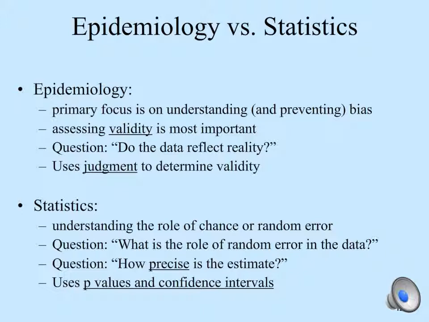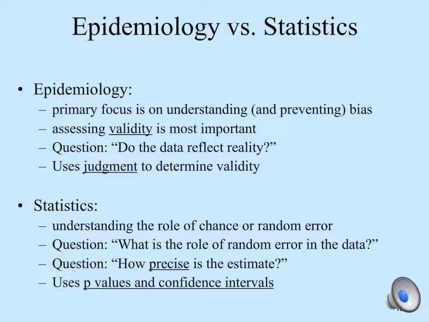In epidemiology, the primary focus is on assessing the validity of scientific evidence. So we ask the question, do the data reflect reality? And largely, we use judgment in epidemiology in order to determine the validity of statements. So subject matter and expertise in the subject becomes incredibly important in epidemiology.